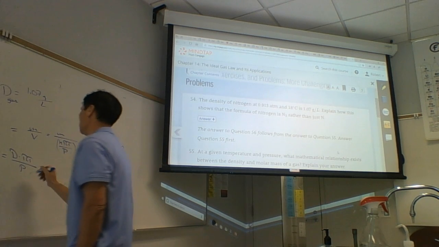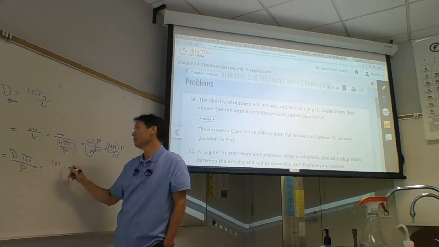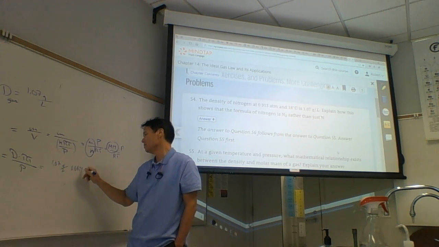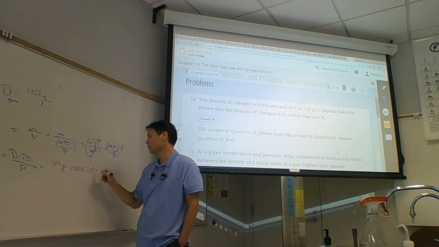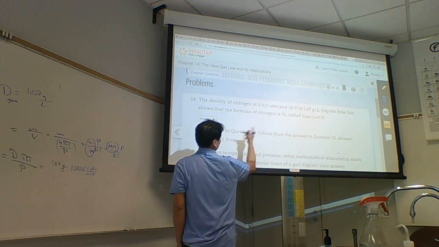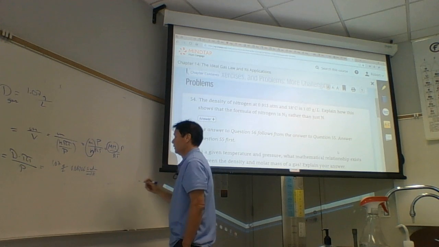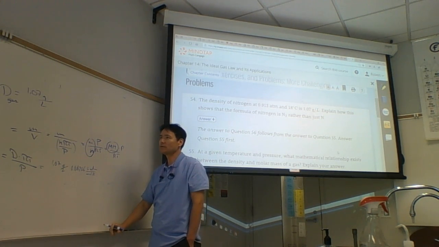And so the density, we'll just plug in here, 1.07 grams per liter. R is 0.08206 liters times atmosphere per mole Kelvin. T is given in the problem, 18 Celsius, plus 273 would be 281.